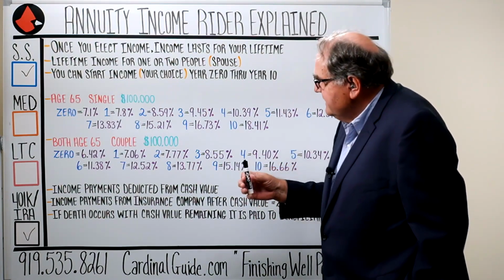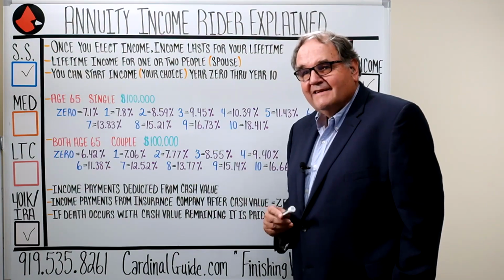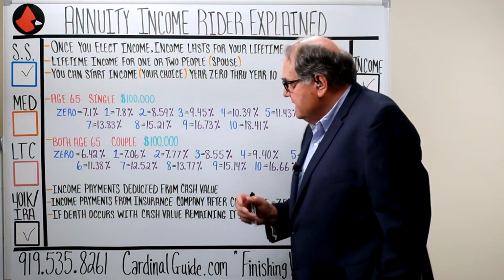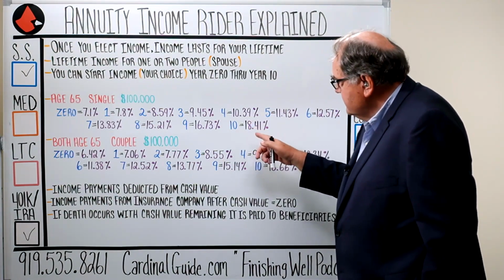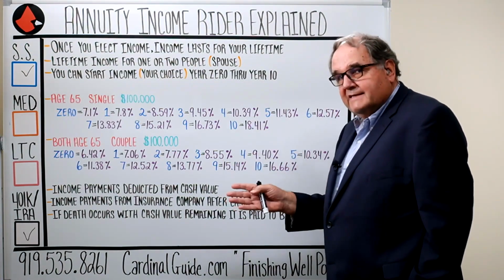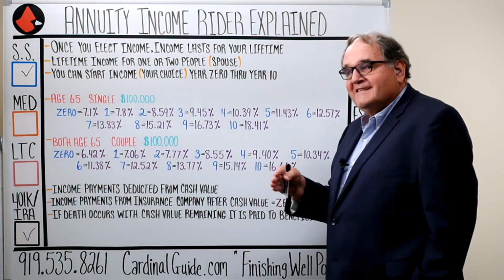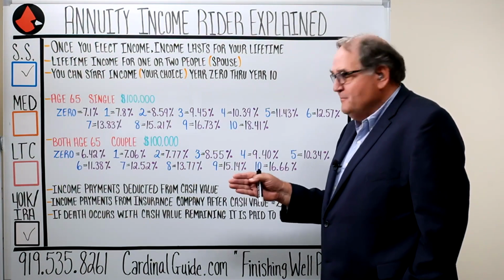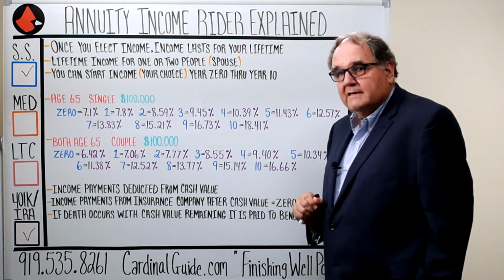If you waited till the 8th year, you'd get $15,210 for the rest of your life. And where this thing performs quite well is that if you waited till your 10th birthday after you bought it, the day after that, 18,410.